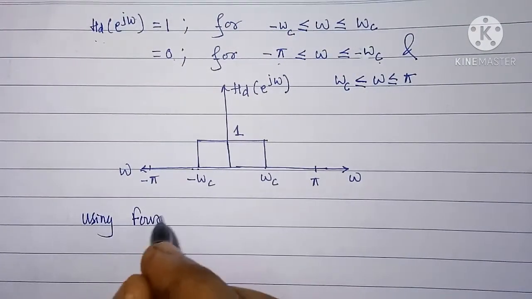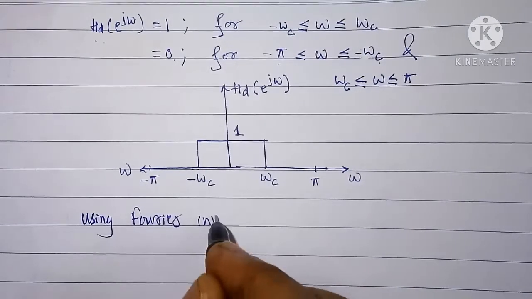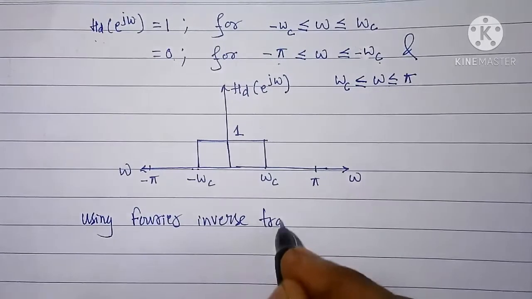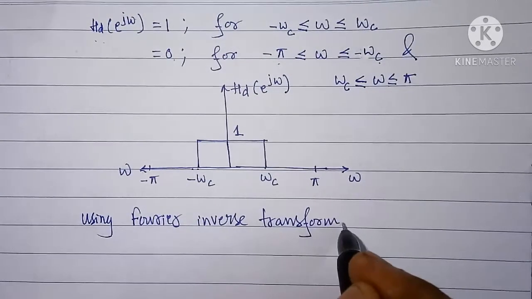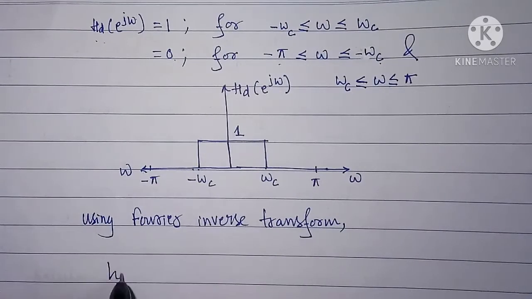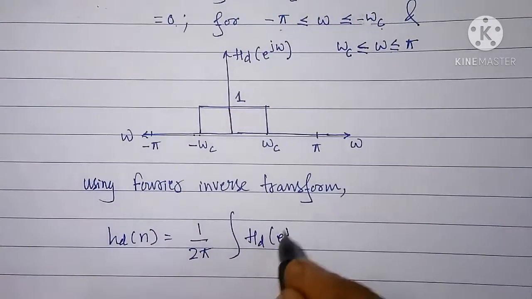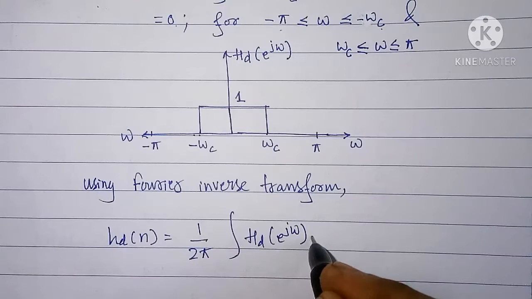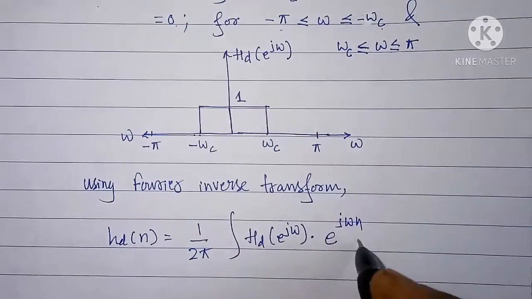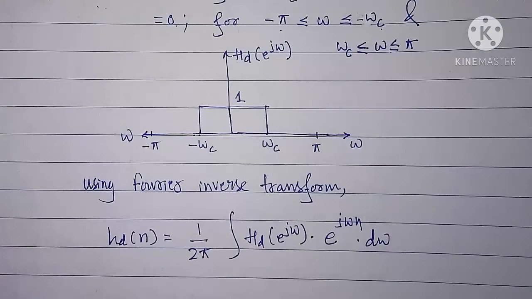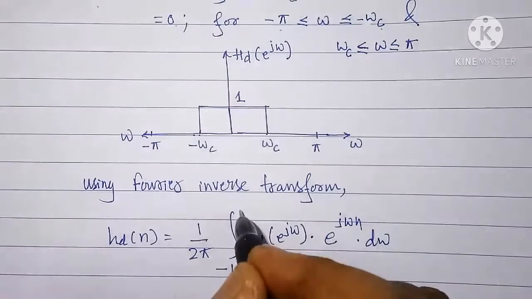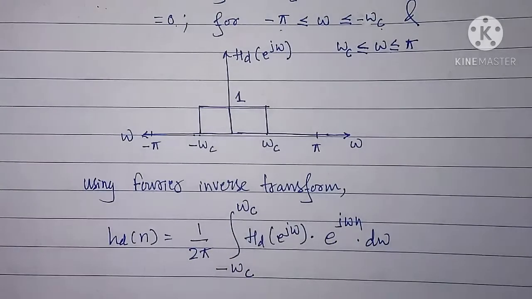Using Fourier inverse transform, HD of n equal to 1 by 2 pi into integration of HD of e raised to j omega into e raised to j omega n d omega between the limits minus omega c to plus omega c.